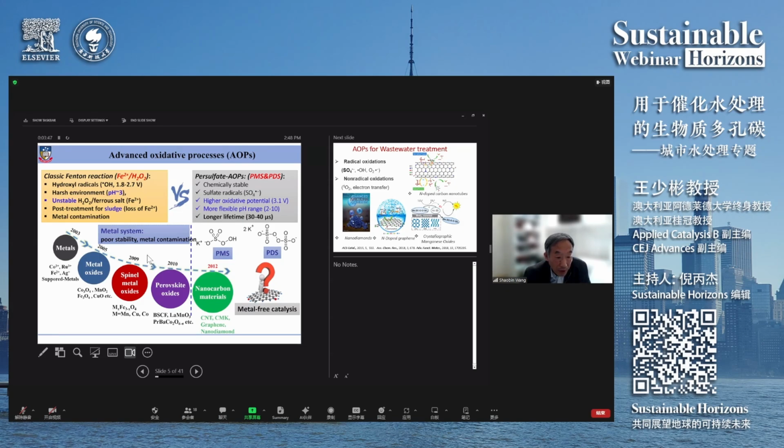To overcome all these problems, we can use new types of oxidants: peroxymonosulfate and also persulfate. From these two different oxidants, we can generate sulfate radicals. And the sulfate radicals have several advantages over the hydroxyl radical.